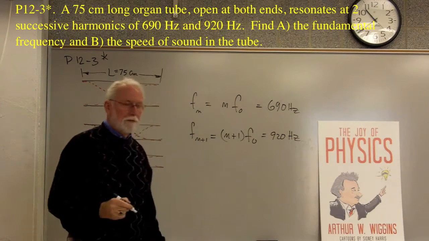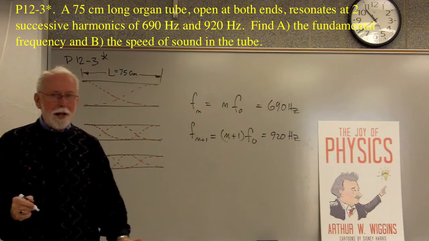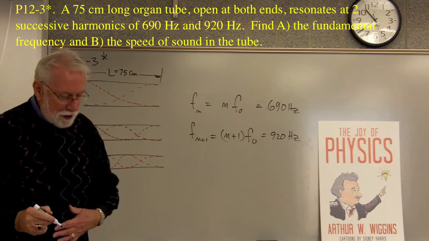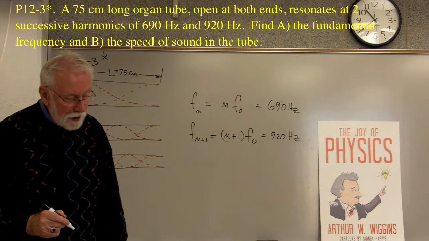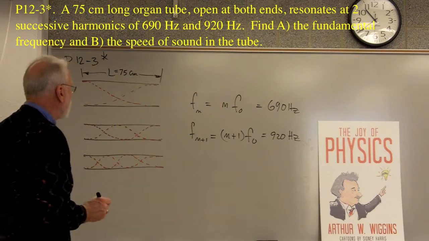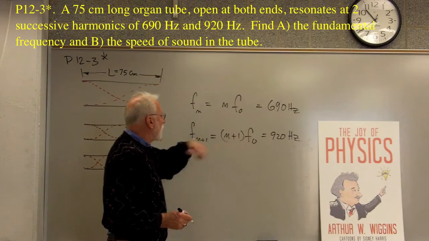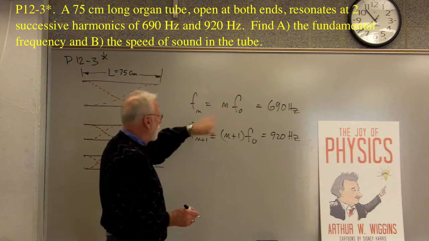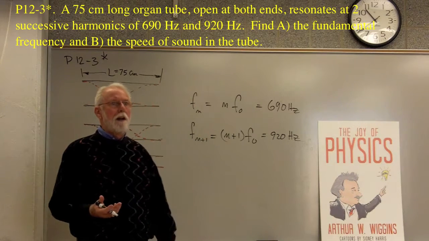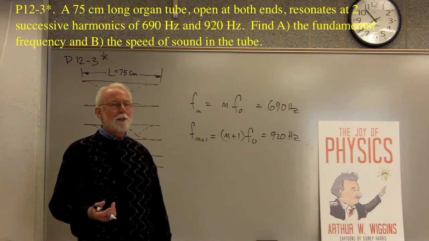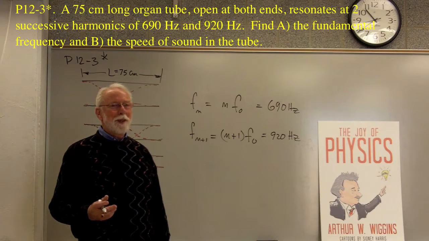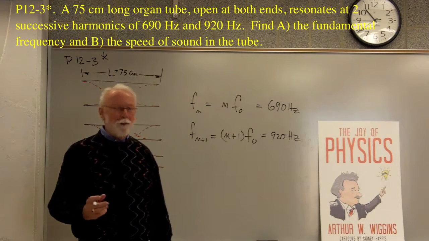Great. Fine. So now we've written down mathematically what it is that the problem tells us. Super. Now what? We have to find the fundamental frequency. Oh boy. The fundamental frequency, that's f0. You know, it seems like there's all these n's and things. We don't know what the n's are. So how do we take care of this? It's one of these mathematical tricks that you've got to really watch.